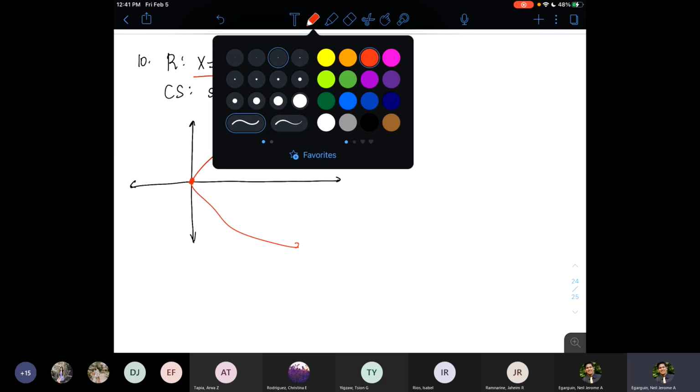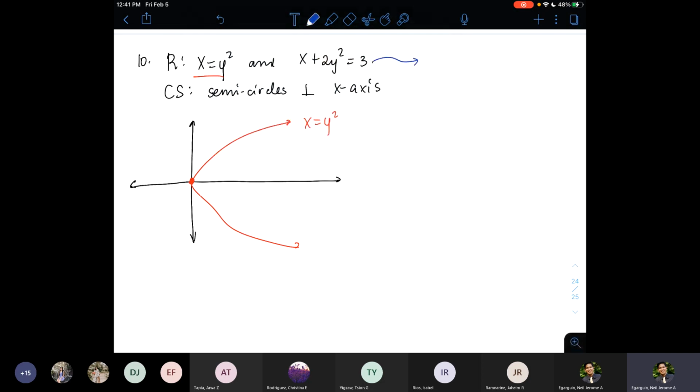And then the other one, I can rewrite it as x equals 3 minus 2y squared. It's a parabola with vertex at y equals 0. When y is equal to 0, x is equal to 3. Then when y is plus or minus 1, x would be equal to 1.